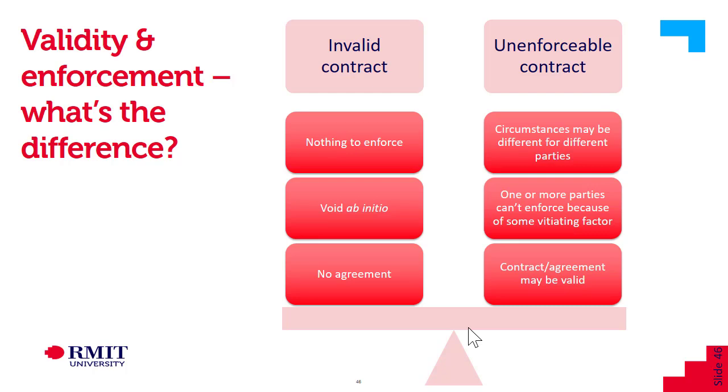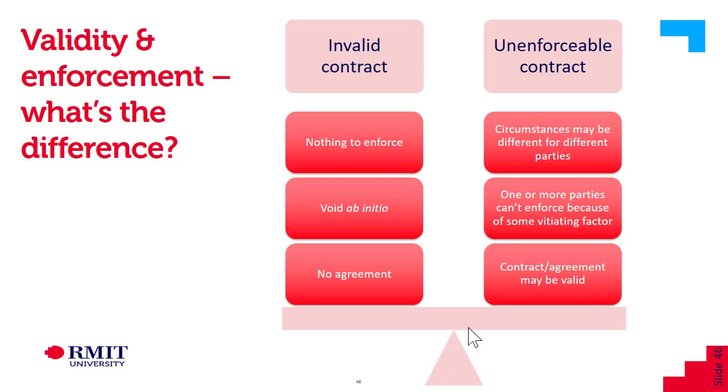So basically an invalid contract, no agreement. An unenforceable contract, on the other hand, it might be that the circumstances of that contract are different for different people. The little example that I just gave, Jacqueline can't enforce that contract against me, but Sarah could. I'm hoping she chooses not to, but she could if she wished to.